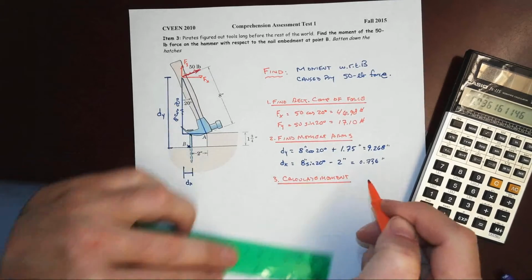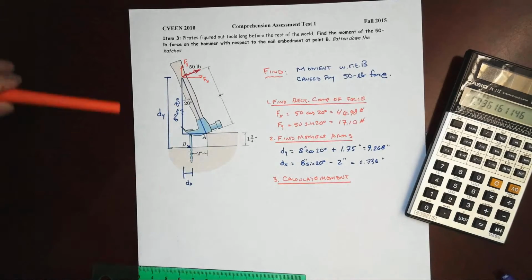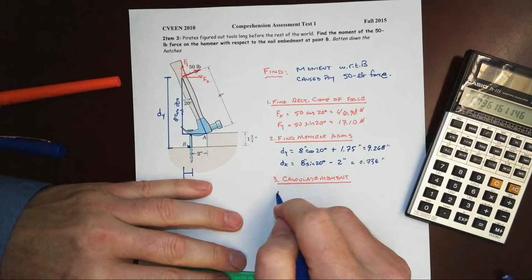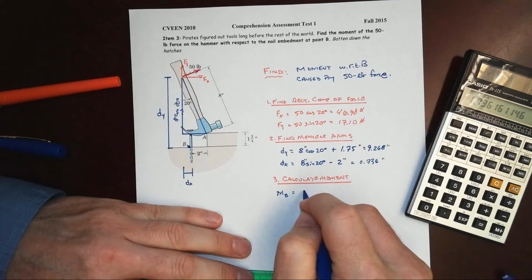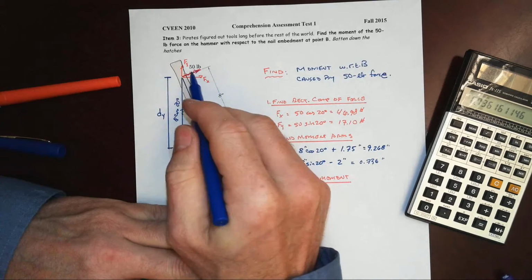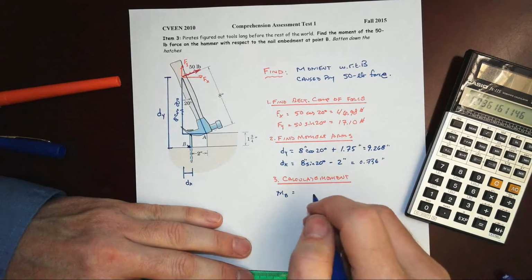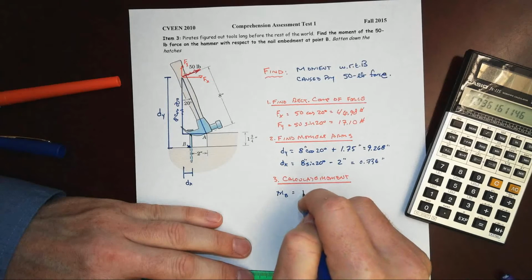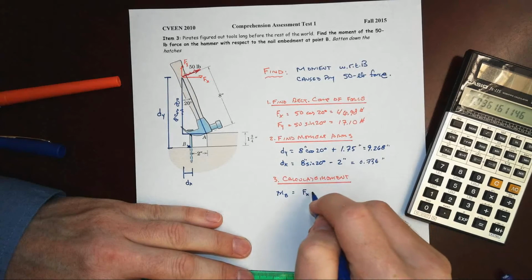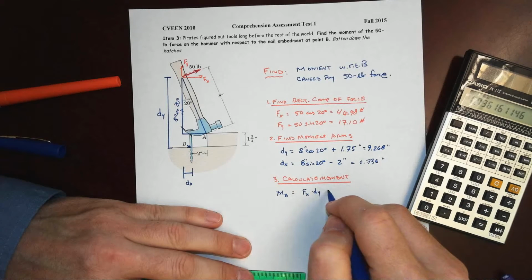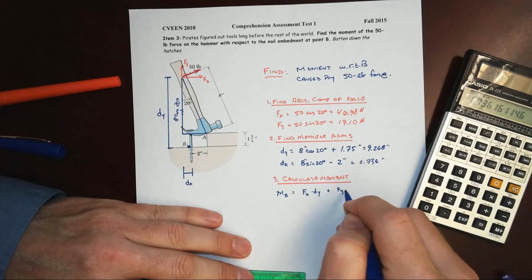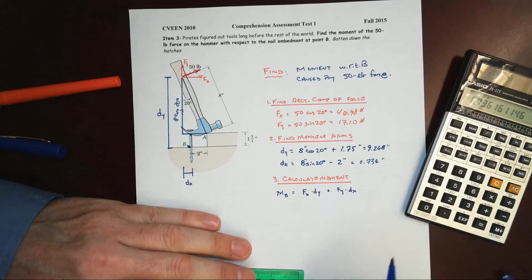Total moment will be the sum of the parts. And since they're pinned about B, both of these two are going to make a clockwise rotation. So Fx times its perpendicular distance dy plus Fy times perpendicular distance dx.